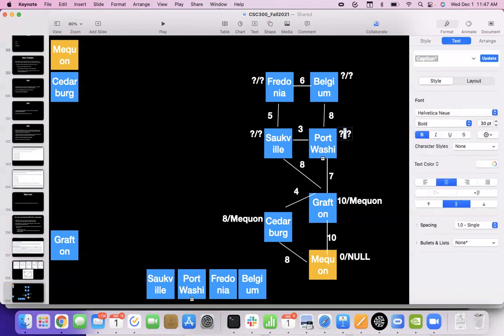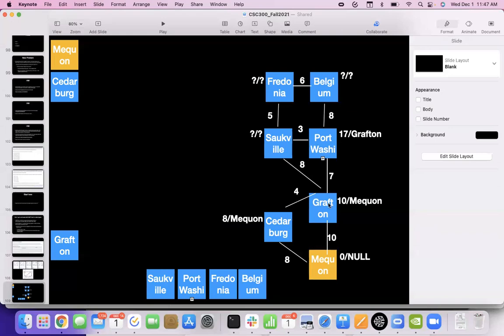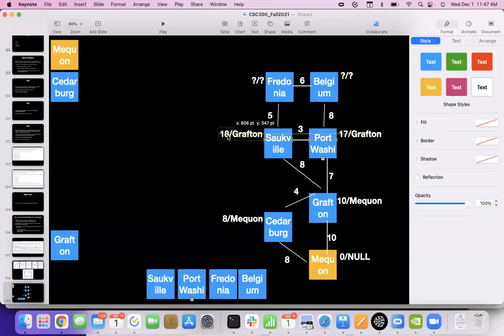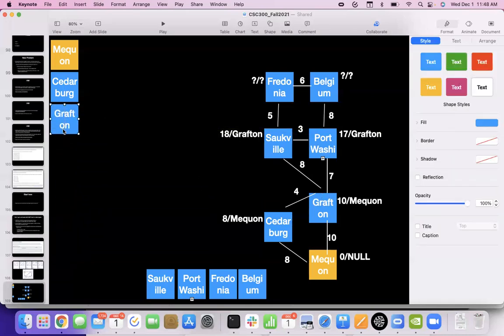It is. So this will be a 17 by way of Grafton. And then we also have a 10 plus 8, which is 18. Is 18 better than infinity? It is. So this is 18 by way of Grafton. All right. So we've handled the roads coming out of Grafton now. So we're done with Grafton.